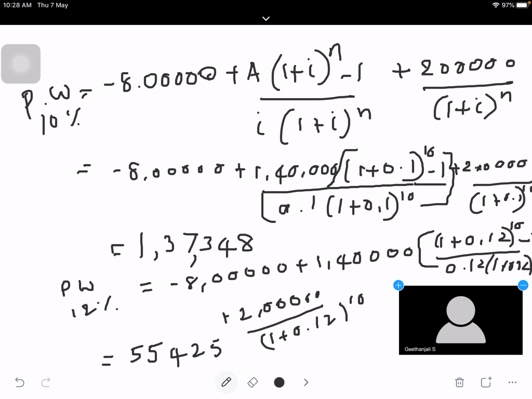So the value we are going to get is minus 8 lakhs plus the amount that has been returned, 1 lakh and 40,000, for the number of years considered as 10. On calculation the value we get is 1 lakh and 37,348.